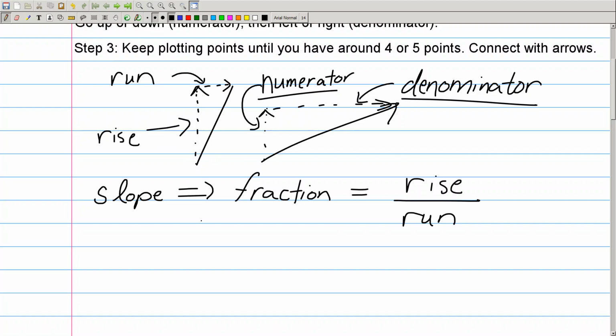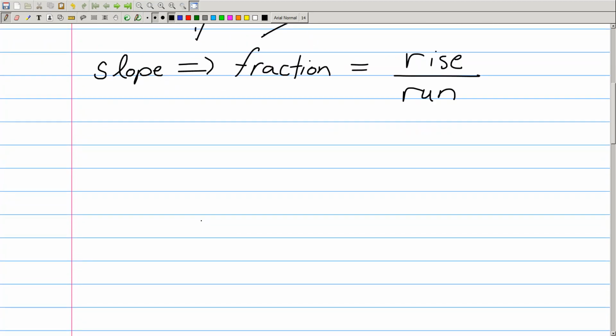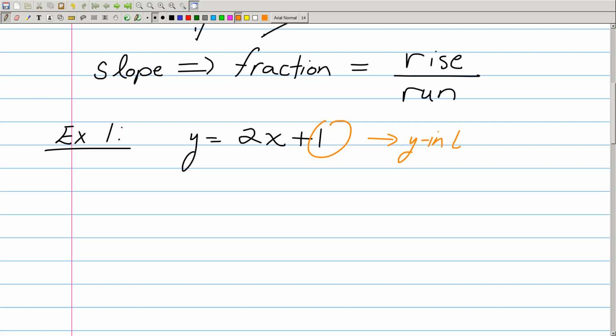Okay, so here we go. Let me give you an example. Example 1. Y equals 2x plus 1. What is the y-intercept here? The y-intercept is 1, whereas the slope is 2, or 2 over 1.